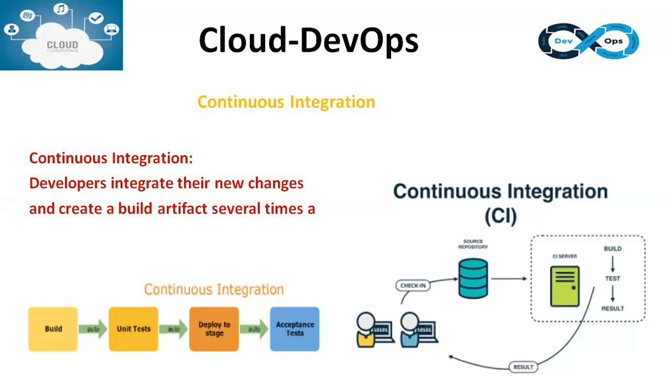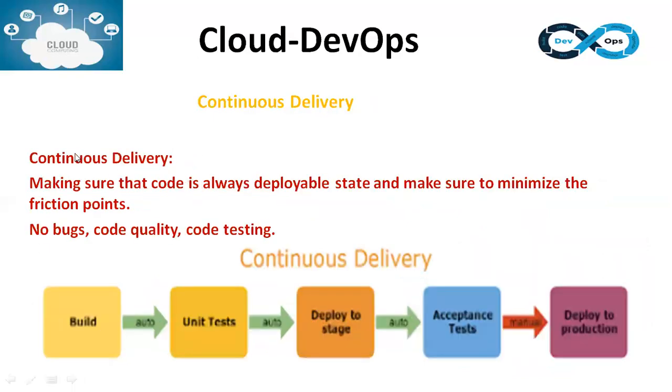If the developer finds any issues, he will modify the code again and go for building the product again. This is a continuous loop, and that is why we call it continuous integration. If you are clear about continuous integration, I will go to the next stage called continuous delivery.